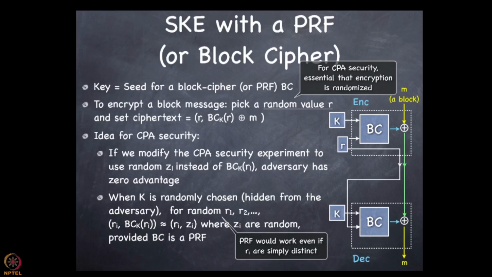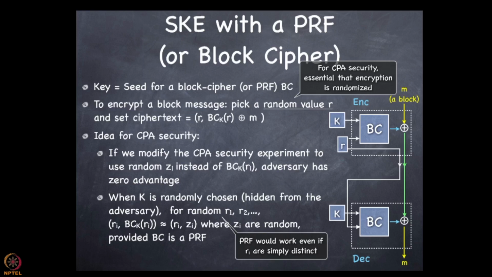There's another thing I want to observe here. We said we are picking the value R at random, but it was only so that they are different, right? So we seem to be not using the full power of the PRF.